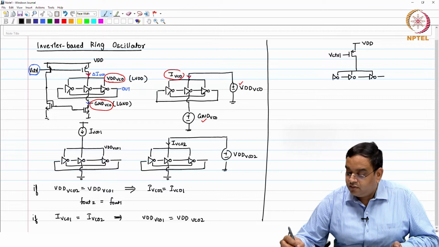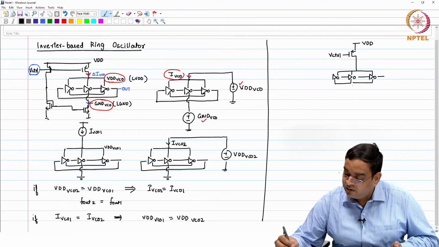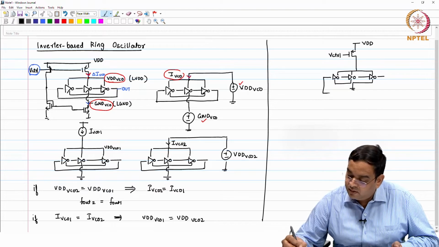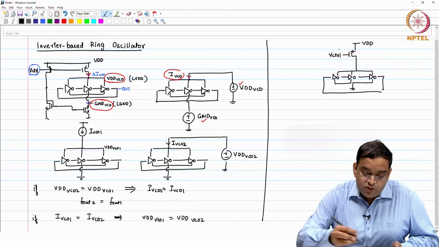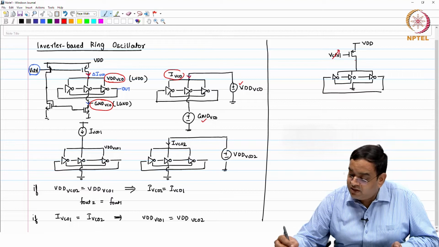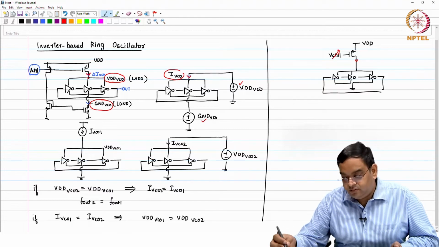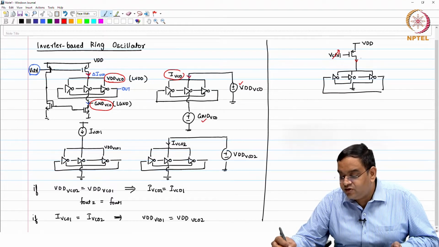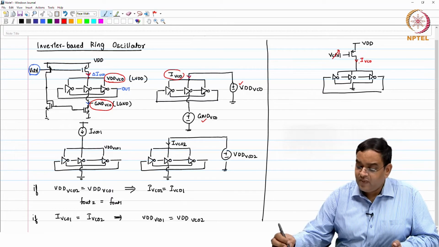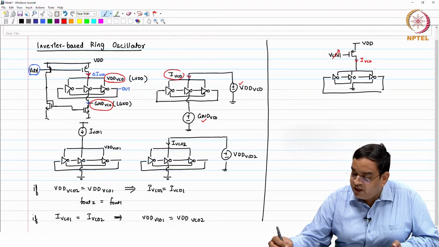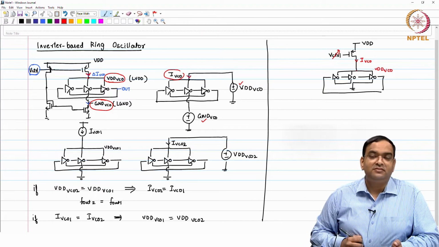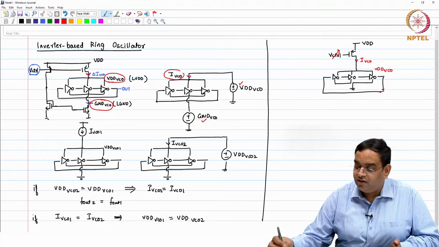So, what you are doing here is effectively, though you are changing the control voltage, in response to your control voltage you are changing the current through the oscillator. You are not fixing the voltage VDD VCO directly, that is what you are not doing.